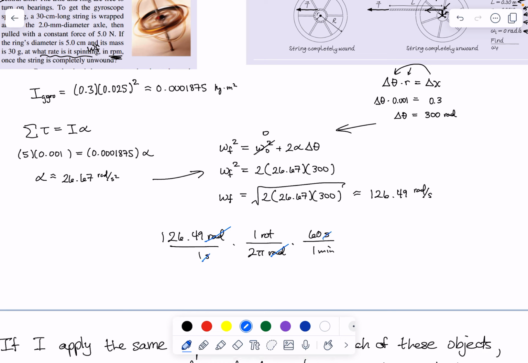Seconds with seconds. All right, so take your previous answer times 60 divided by 2 pi. And we get a final answer of 1,207.90 RPMs.